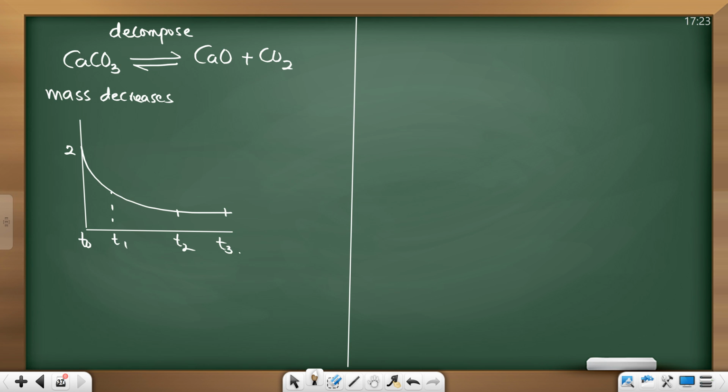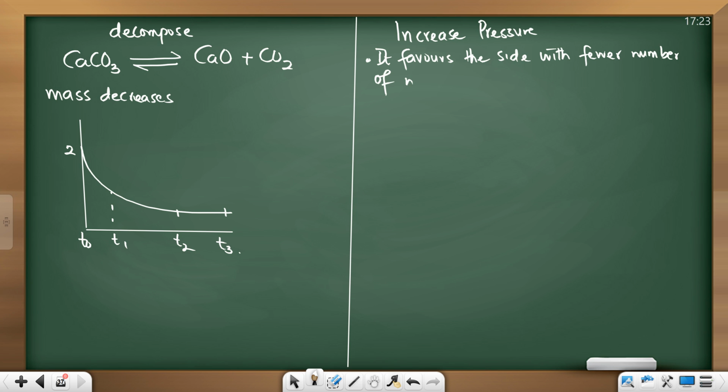Are we okay? Now, if we increase pressure, I want us to go step by step. If we increase pressure, what did we say? It favors the side with the fewer number of moles of gases.